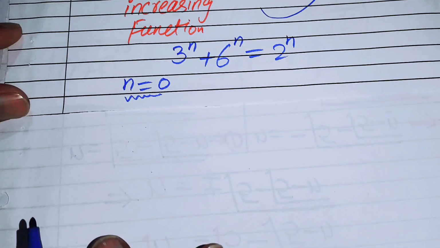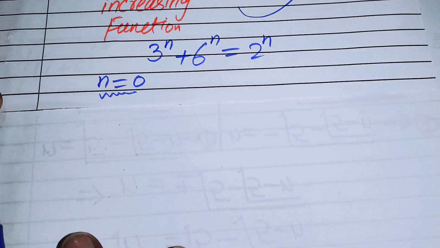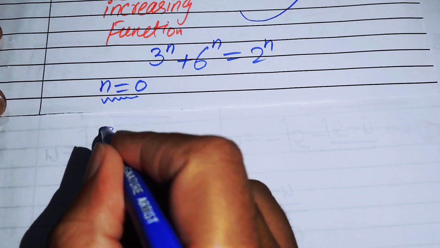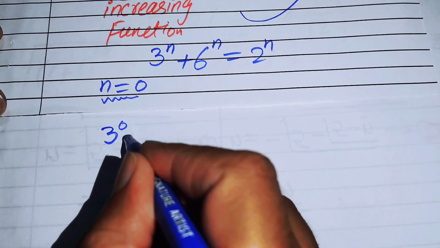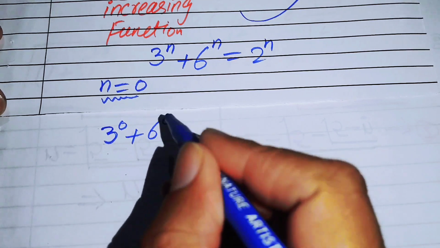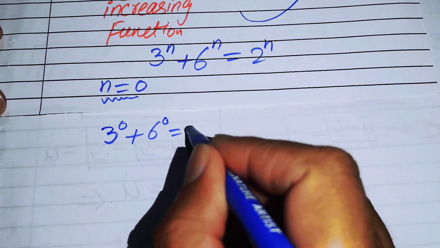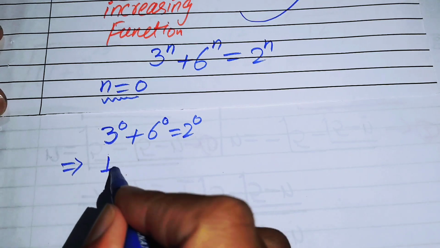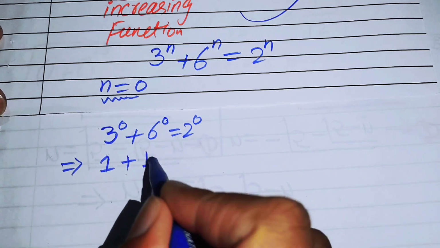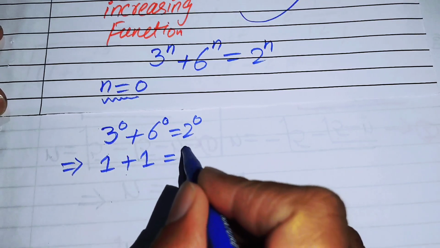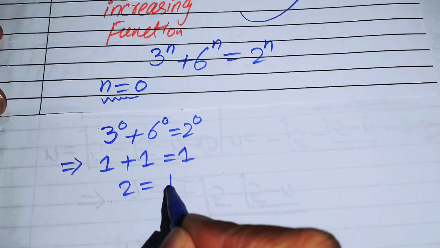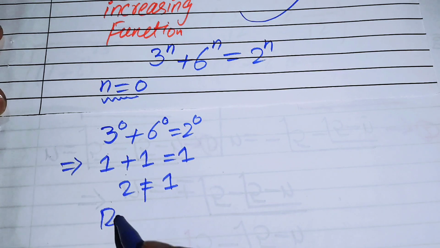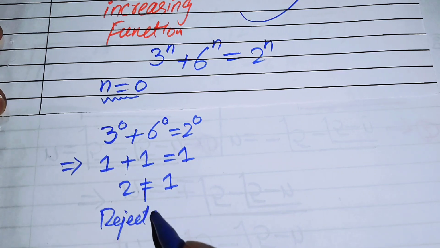Then it becomes 3 to the power of 0 plus 6 to the power of 0 equals 2 to the power of 0. Anything to the power 0 equals 1, so it is 1 plus 1 equals 1, which becomes 2 equals 1. It is not possible, so we reject this value.